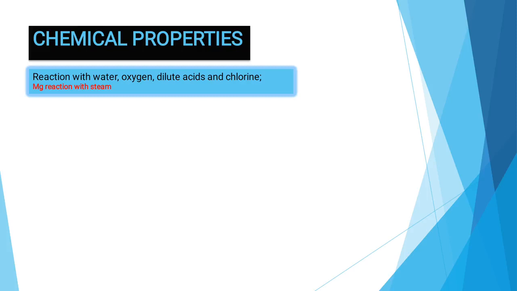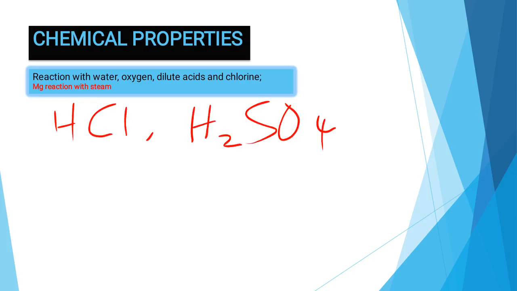But for our practice in this lesson, we will use hydrochloric acid, sulfuric acid, and nitric acid. We can check now how magnesium will react with these dilute acids.